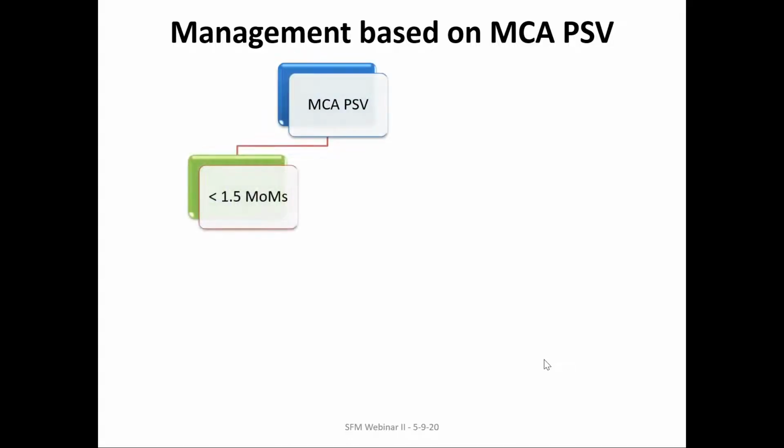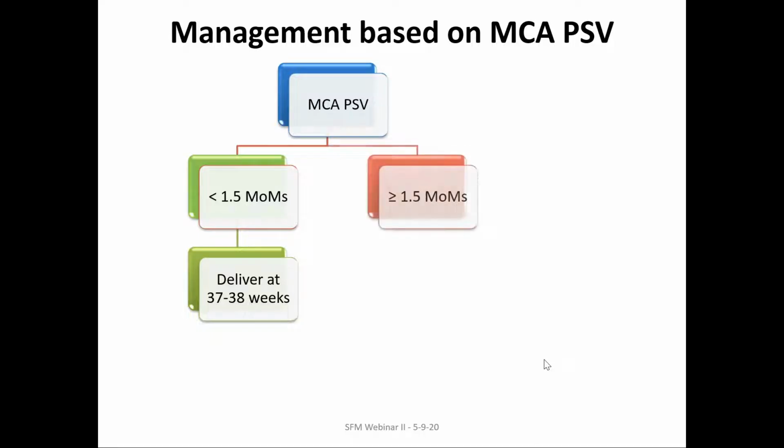So now, how do we manage this pregnancy based on the MCA-PSV value of the fetus? If the MCA-PSV value is below 1.5 MoM, which we said is the cutoff for severe fetal anemia, you can continue this pregnancy with serial monitoring and deliver this lady as late as term, 37 to 38 weeks. But if, on the other hand, the MCA-PSV MoM value is above 1.5, it tells you that this baby is severely anemic.